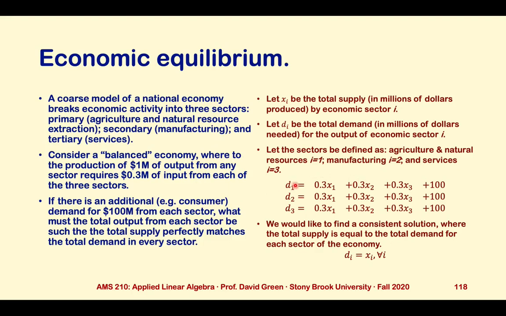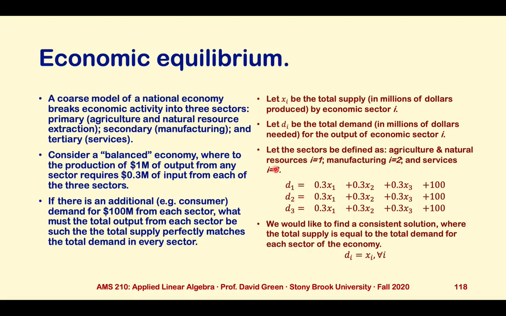So there's an additional demand for sector 1 from that. And to produce services, tertiary sector product also needs 0.3 million per million of primary sector output. These are the so-called internal demands, the demands that come from other sectors of the economy. And we add to that an external demand or a consumer demand of $100 million.